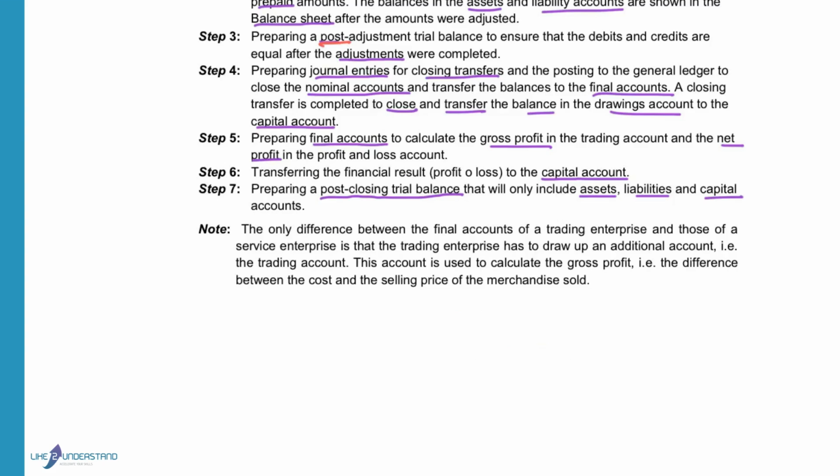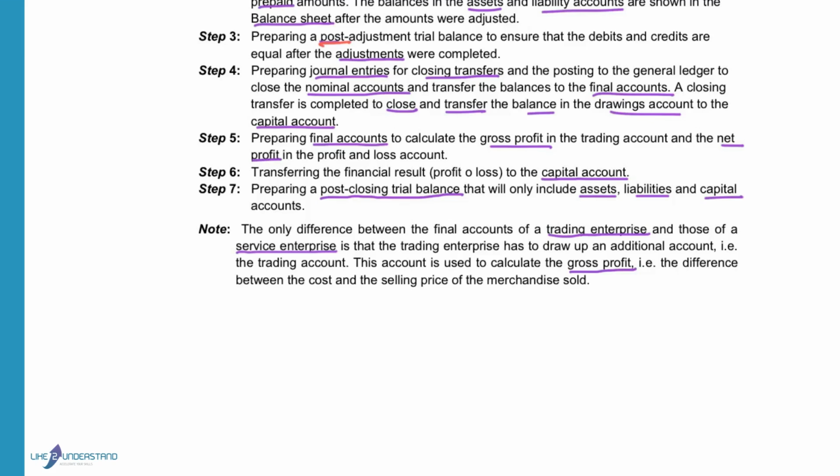The only difference between the final accounts of a trading enterprise, that is a business that buys goods with the purpose of selling, and those of a service enterprise, that's a business that doesn't sell goods, they render a service, is a trading account that's prepared for the trading enterprise to determine the gross profit, and the service entity will not have a trading account because they don't have purchases and sales to calculate a gross profit.